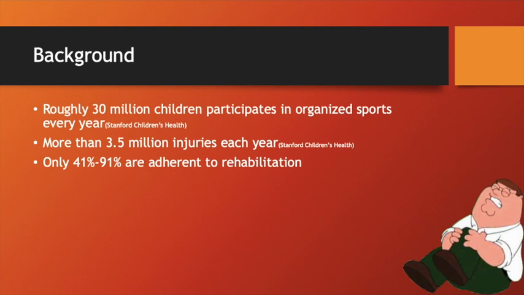Among those, more than 3.5 million kids sustain any injury during sports every year. Out of those injured kids, only 41 to 91% adhere to rehabilitation. Although 91% is high, it is important to know why a lower rate of adherence exists.